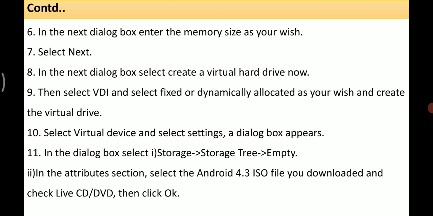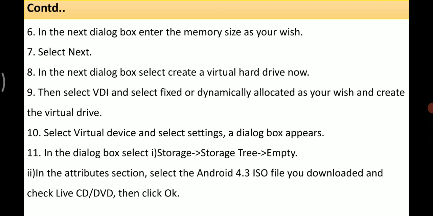Then we select the virtual device and select Settings. When you select Settings, a dialog box will appear. In the dialog box, we have to select Storage, the storage tree, and then select Empty.